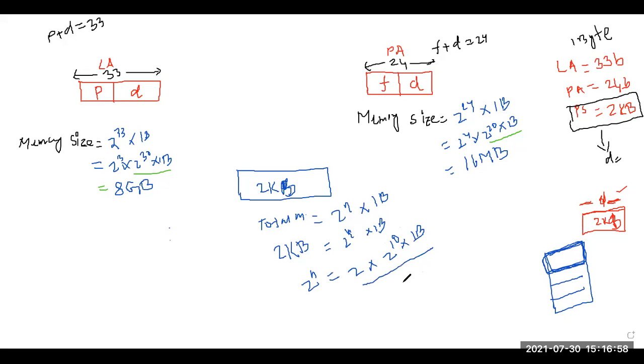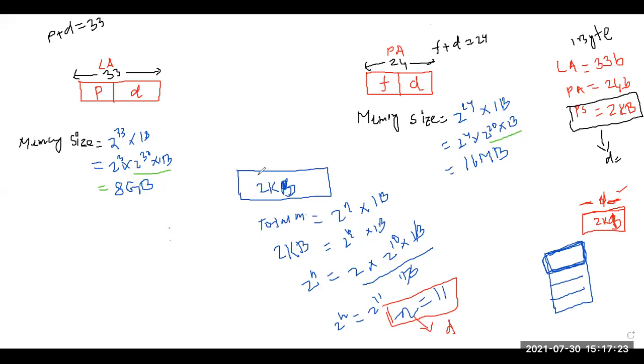Now this byte cancels. Now 2 to the power of n equals 2 to the power of 11. So what is the value of n? n will be equal to 11. Now remember this n, this n is nothing but equal to d.